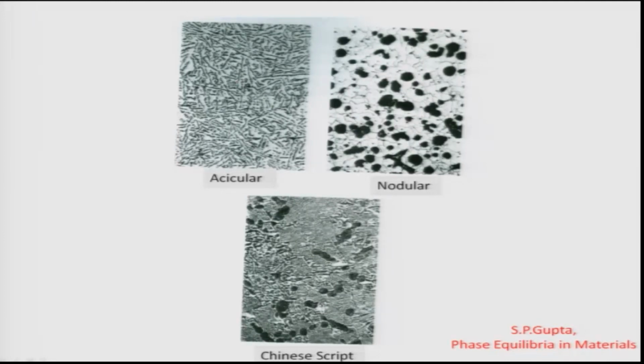Normally this eutectic is very hard and brittle, but it can be modified using a very small amount of sodium, strontium or some other metal, and the morphology of the eutectic can be modified, which we will discuss probably in the next lecture. This is a typical feature of silicon. Silicon actually is a metalloid, so it grows like a fiber.